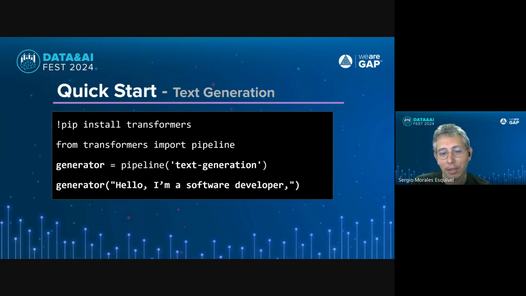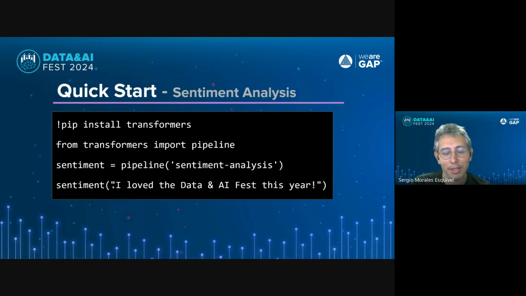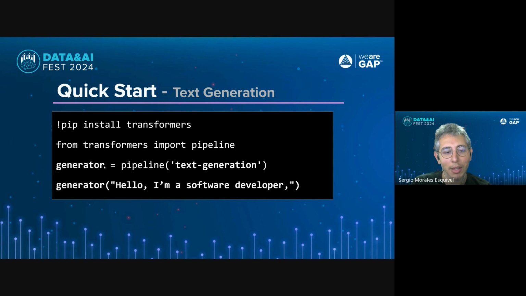And well, this line has barely changed, right? It's changed semantically, but it is basically the same thing in terms of I'm using the pipeline variable that I named in the previous step, and I'm providing the input text. So in this case, I said, "Hello, I'm a software developer," and what it's going to respond with is the rest of the sentence.